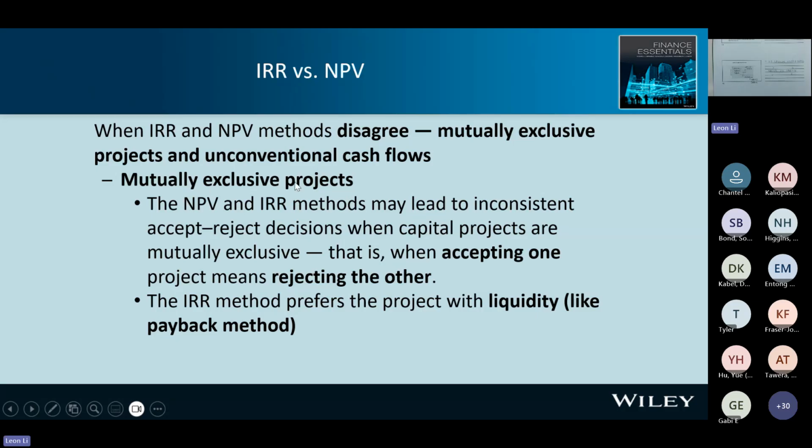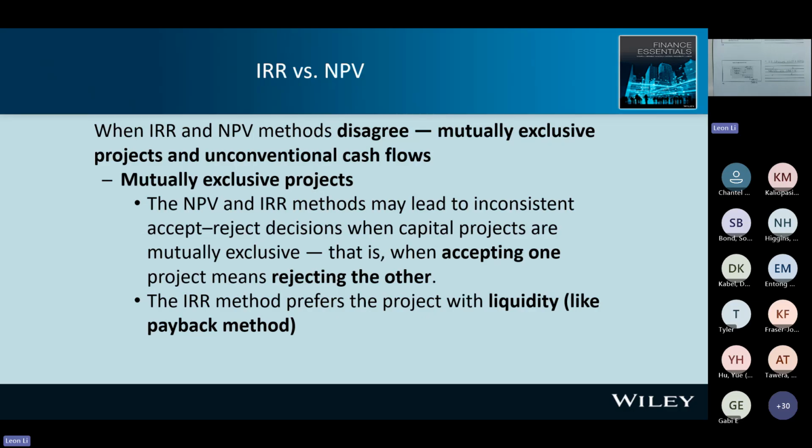If we have exclusive project, the IRR method will prefer the project with liquidity. Here, I like to review our payback method. So payback method will prefer the project with liquidity. When I see a liquidity, I'm thinking money.